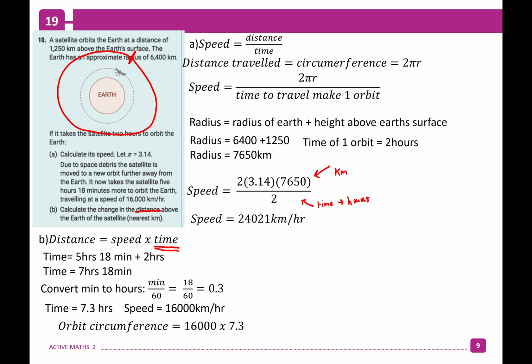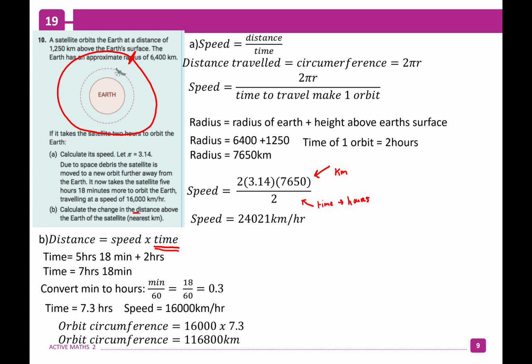So our orbit circumference is equal to our speed times our time. Our orbit circumference is equal to 16,000 times 7.3, which gives us 116,800 kilometers.